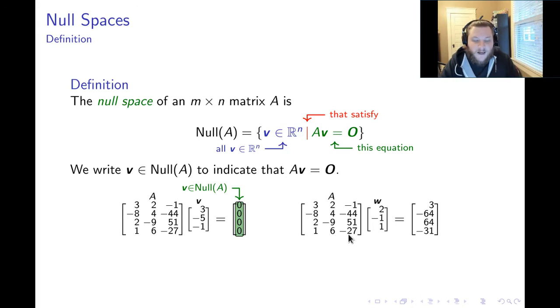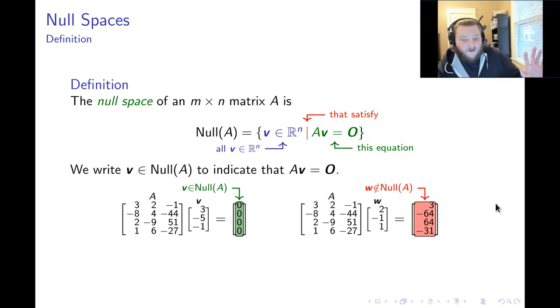On the right, when we multiply A by W, we definitely do not produce the zero vector. So W does not belong to the null space. Some vectors belong to the null space, some don't, and we distinguish between the two by multiplying by A and checking whether or not we get the zero vector.